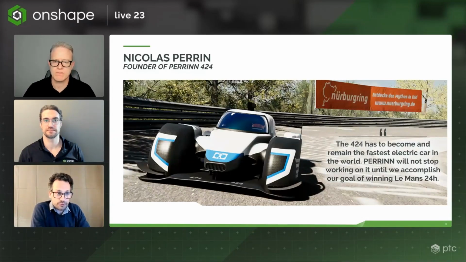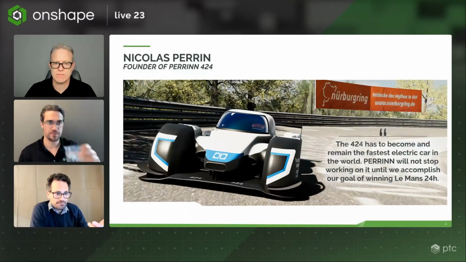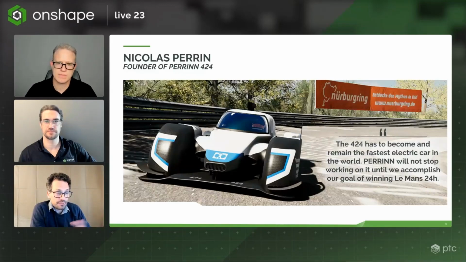The second point I want to make is that we are committed to sharing the Perrinn IP open source with the public. The reason is because I want to leave 424 to the public, to inspire a generation of engineers to collaborate on a global scale. I've got 20 years of experience at the highest level of motorsport.